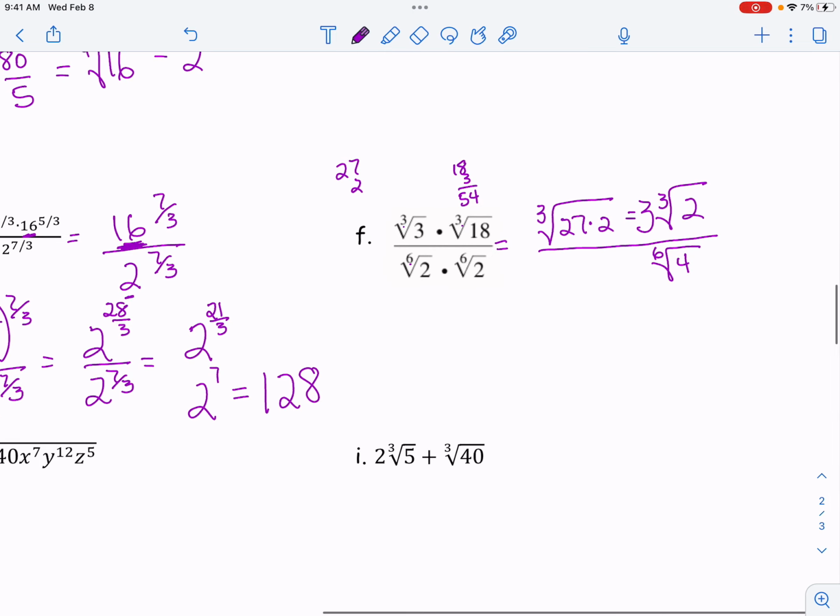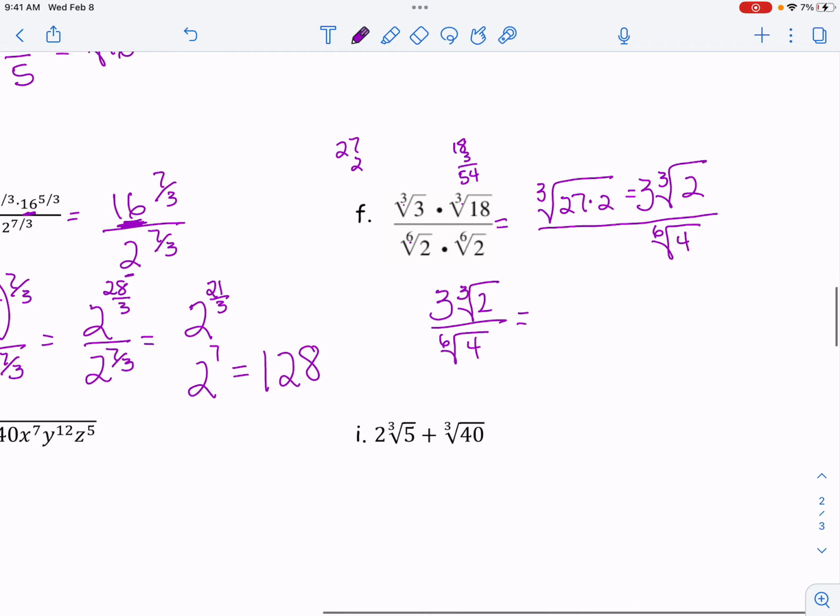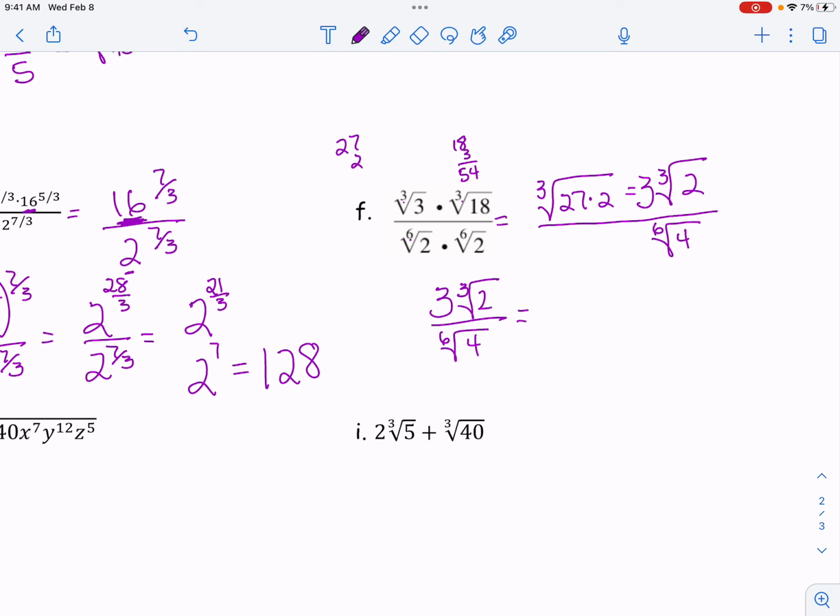Okay, so I'm left with this. Okay, I can't do anything else to that if I leave it in radical form. So I'm going to see if I can do something in rational exponent form. So this would be 3 times 2 to the 1/3. Because remember, this becomes the denominator. That's the numerator. This is 4 to the 1/6.